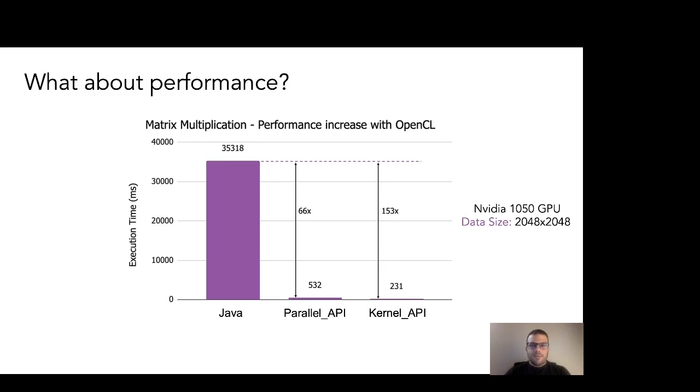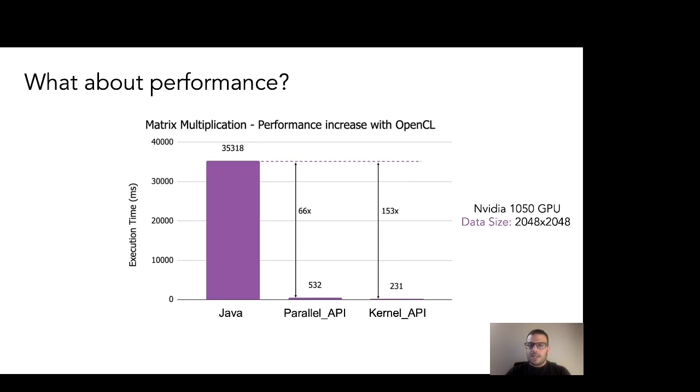In this experiment, I used the Java implementation and I compared it against the loop parallel API and the kernel API implementations. The kernel API is the actual implementation that uses the loop tiling and local memory optimizations.